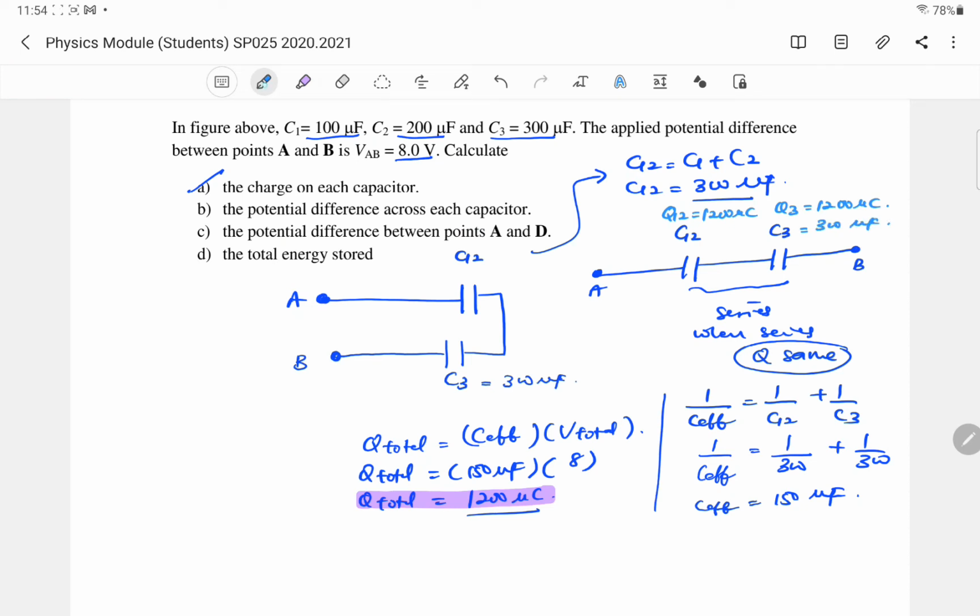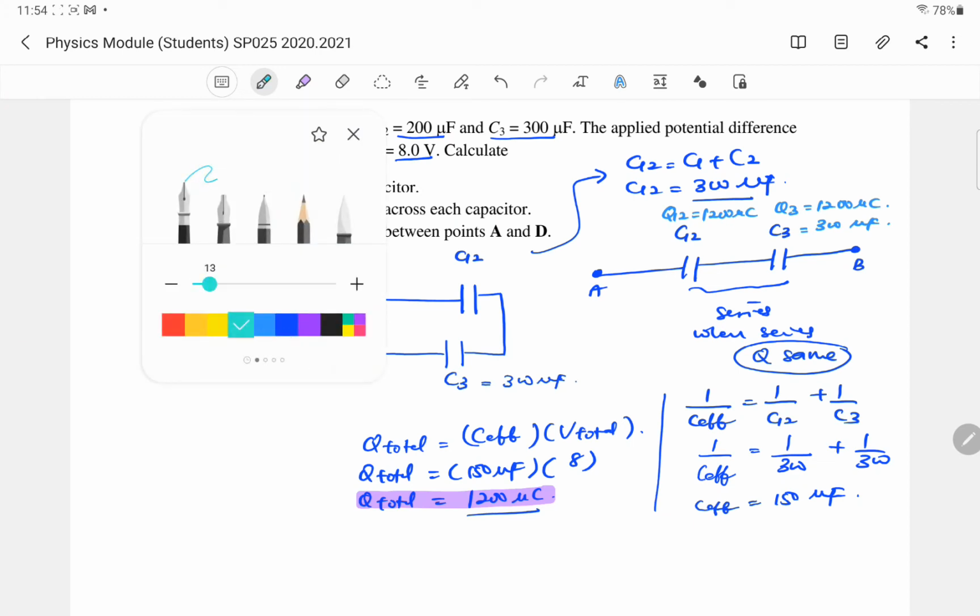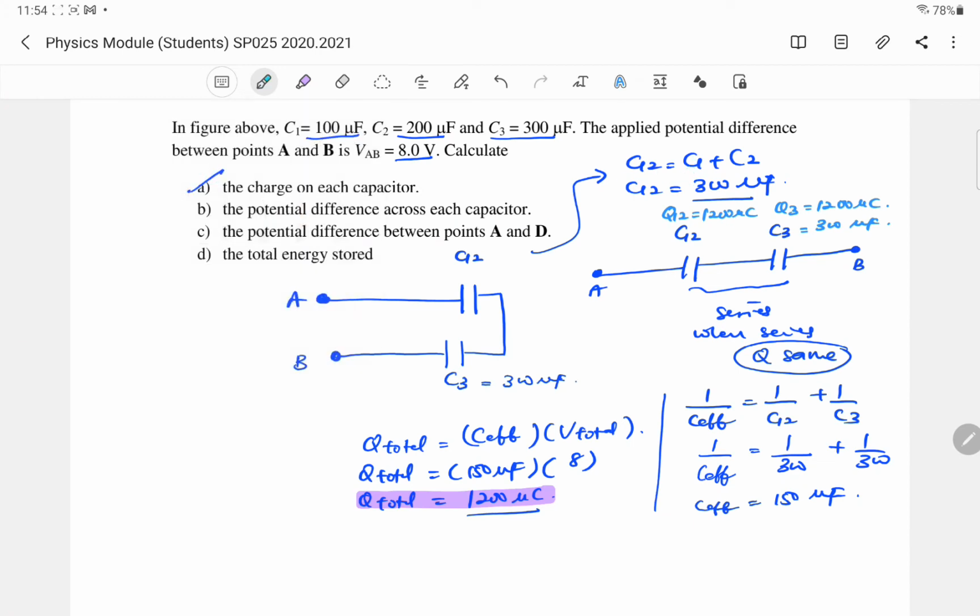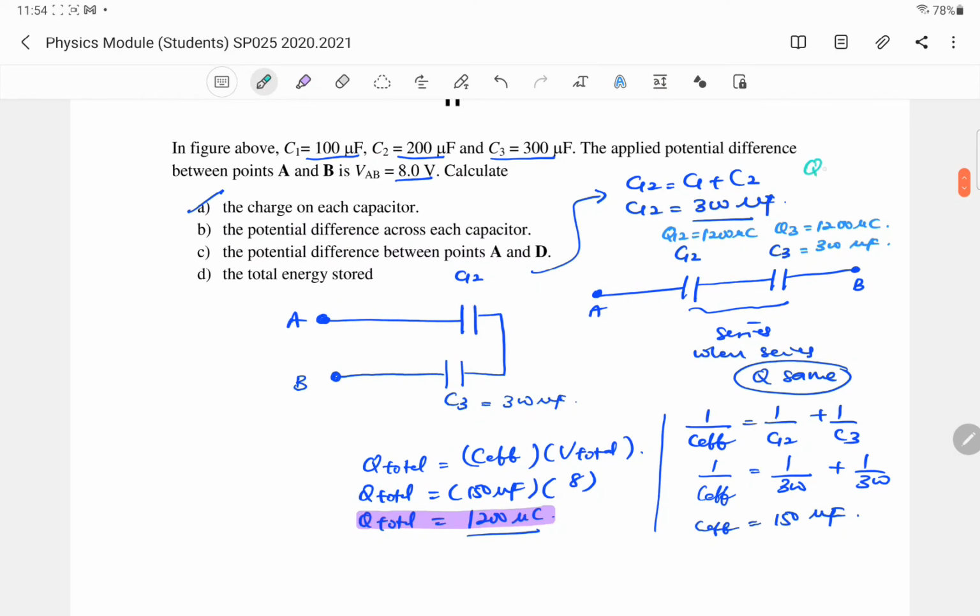So daripada sini kita boleh dapat V3, di mana Q equal to CV. So V3 equal to Q3 1200 over 300. So V3 equal to 4 volt. Okay, ingat, V3 equal to 4 volt.